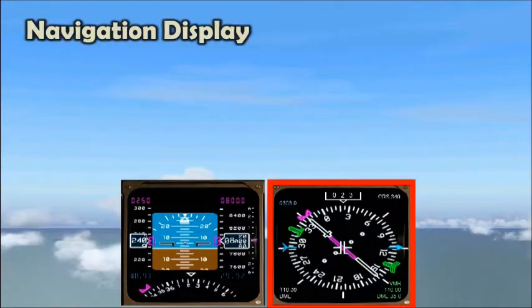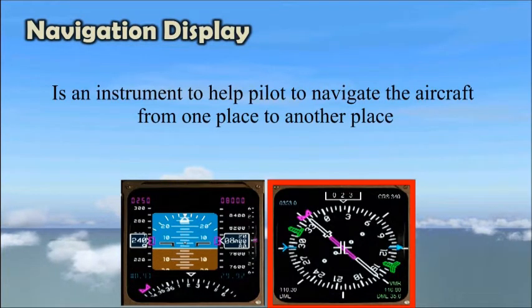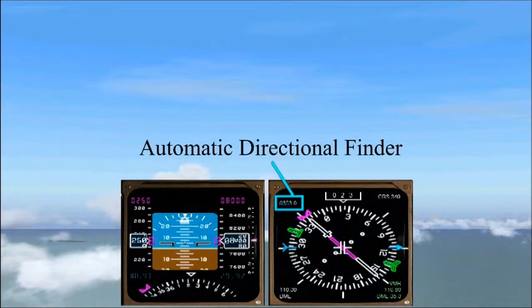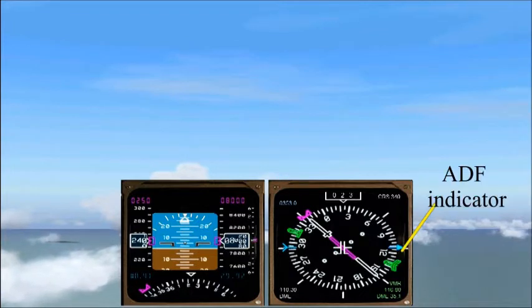Next, we will introduce the navigation display. The navigation display is an instrument which helps the pilot to navigate the aircraft from one place to another by referring to the direction given by ADF and VOR. The blue labeling is the automatic direction finder (ADF), and here is the ADF indicator.